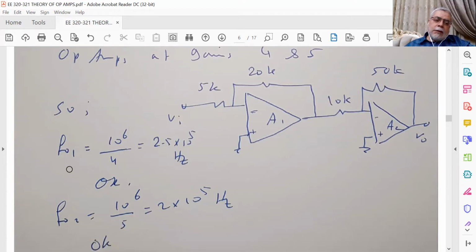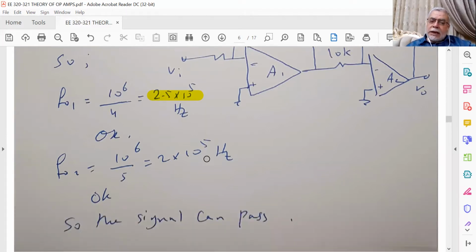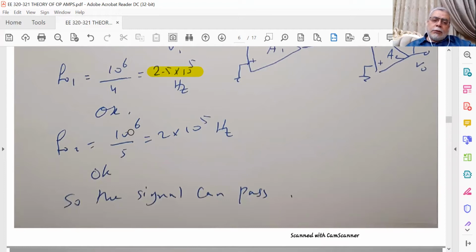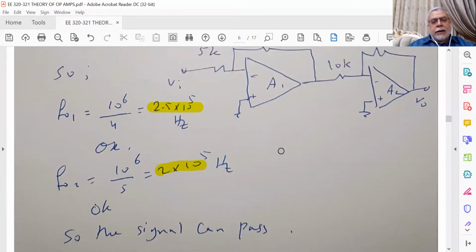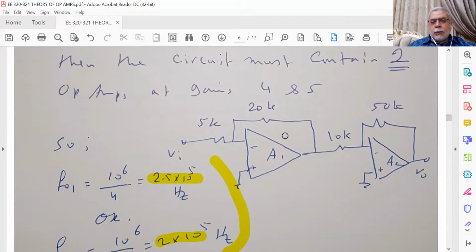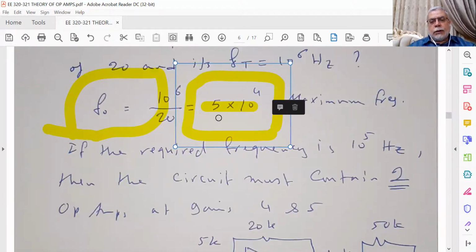For the first one, F01 equals 10 to 6 divided by 4, which is 2.5 times 10 to 5 hertz, or 0.25 megahertz. For the second, F02 equals 10 to 6 divided by 5, which is 0.2 megahertz. So using this system we can increase the operation up to a frequency in the range of 200 kilohertz, or 0.2 megahertz, which is greater than the value 5 times 10 to 4, or 50 kilohertz.